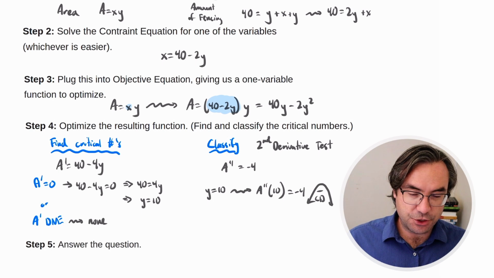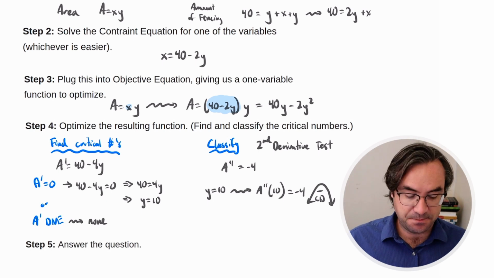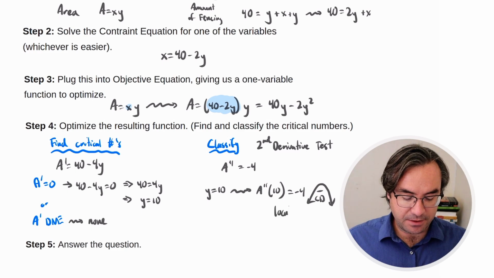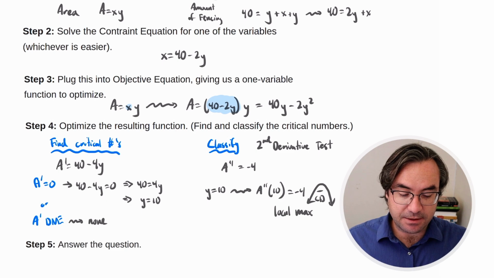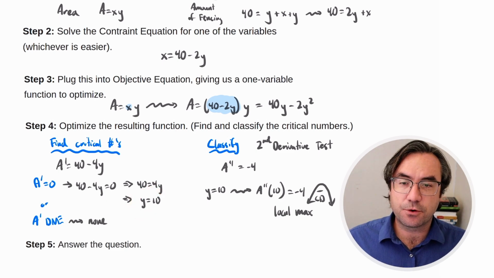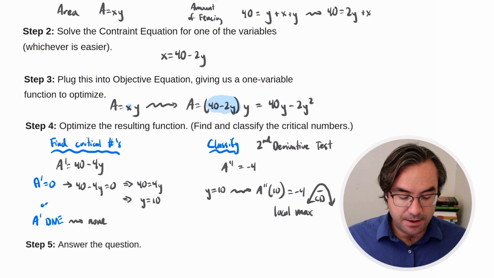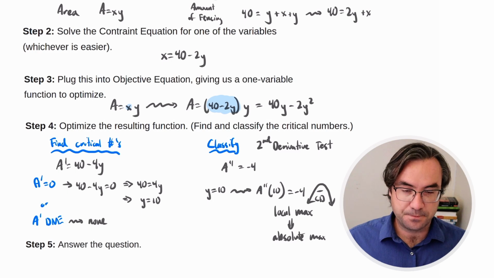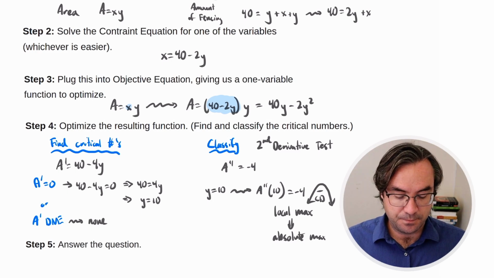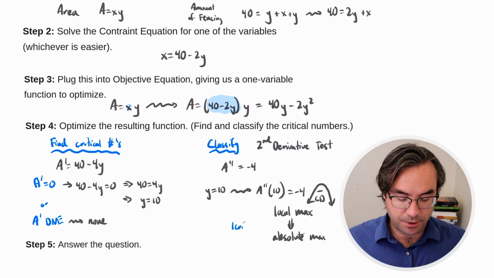Draw the concave down shape to help remember what the test says. And we have a local max. And technically, because we only found one critical number, not only is this a local max, it's actually the absolute max. And again, the reason there was we only had one critical number.